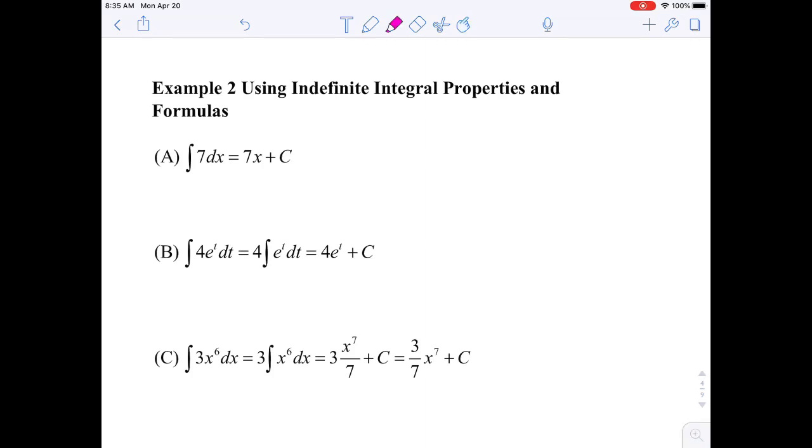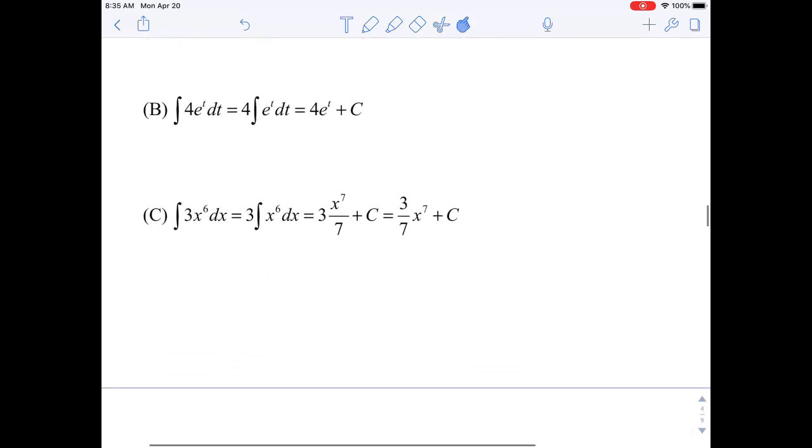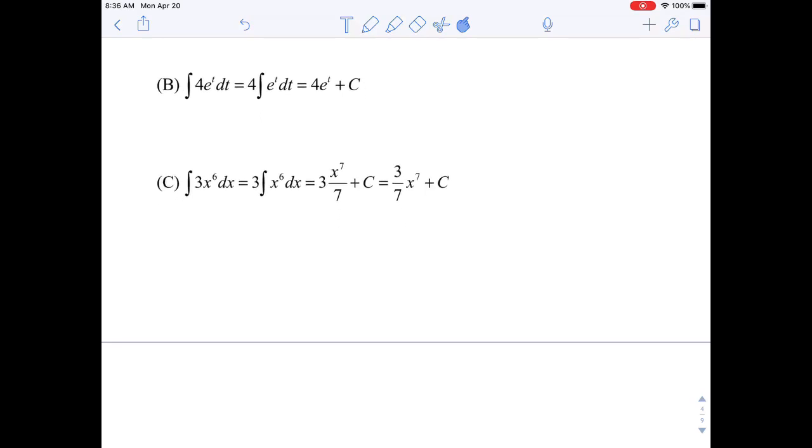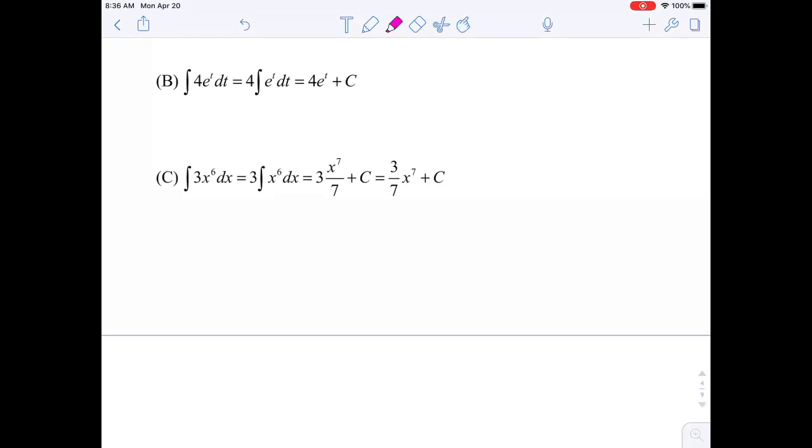Make sure you put the plus c on the end. The integral of 4e to the t dt is 4 times that integral of e to the t. And then the same thing in c, you bring the 3 out front. And again, make sure you put the plus c on the end.